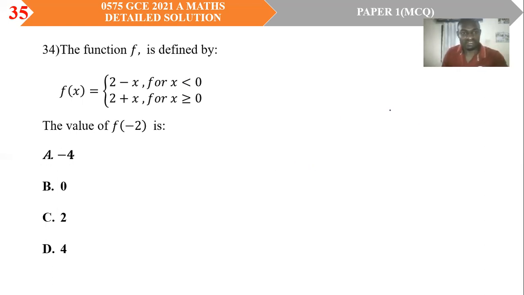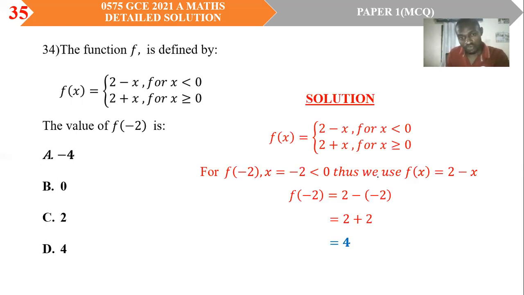Before looking at the solution, whenever you see such a function defined at intervals, you need to evaluate f at any value by identifying that value and looking at the various intervals to see where that value actually lies. So for f of negative 2, x is equal to negative 2. And we see that negative 2 is less than 0, which means that this value lies in this region.